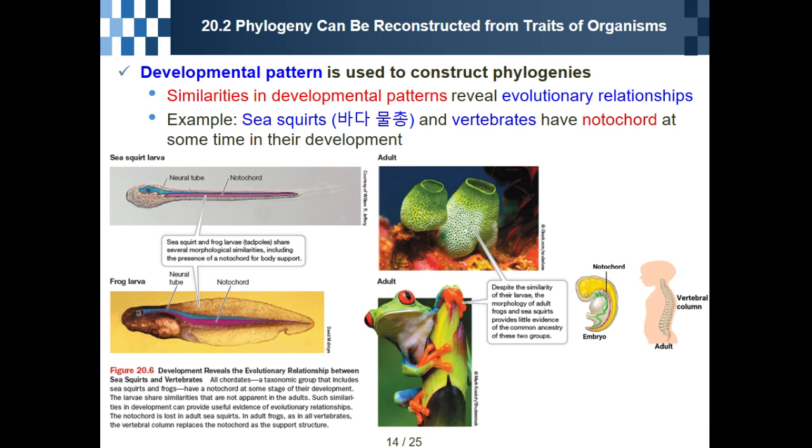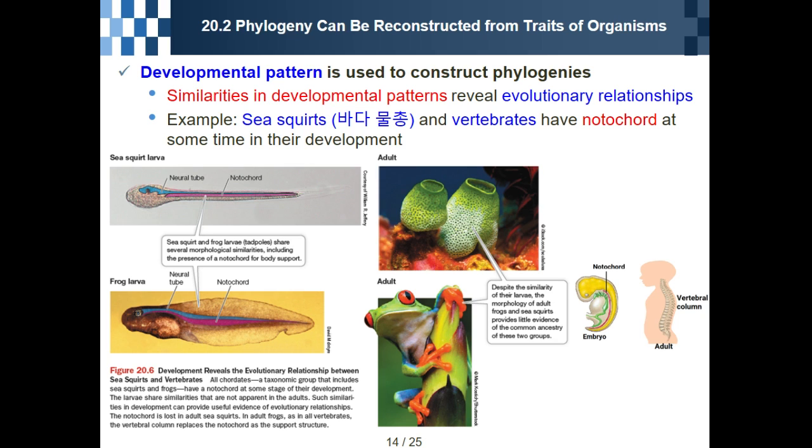Another thing is we also have to consider developmental pattern. So this is one example. This is an adult sea squirt. In Korean, we call it 바다물총. In the bottom of the sea, they do not move.